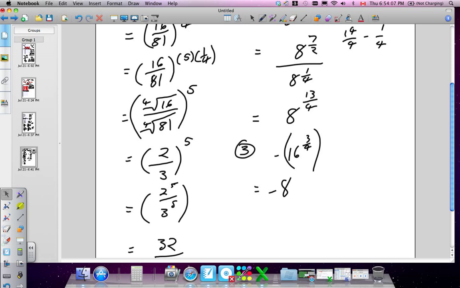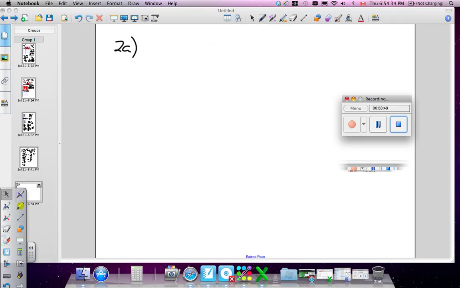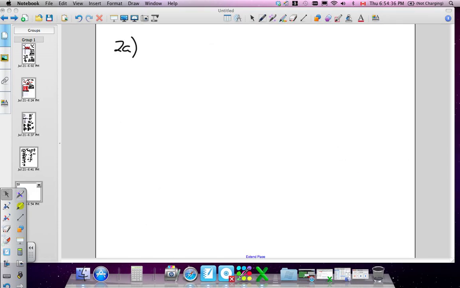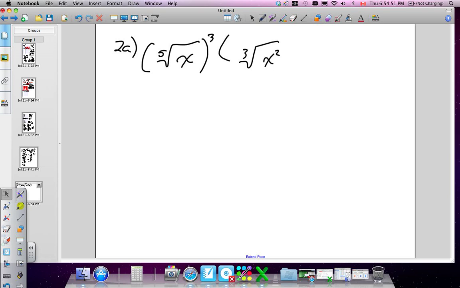All right, 2a. The question says 5th root of x to the power of 3 times 3rd root of x to the power of 2. First of all, let's get rid of these roots. To get rid of that root, it's going to say x to the power of 1/5.